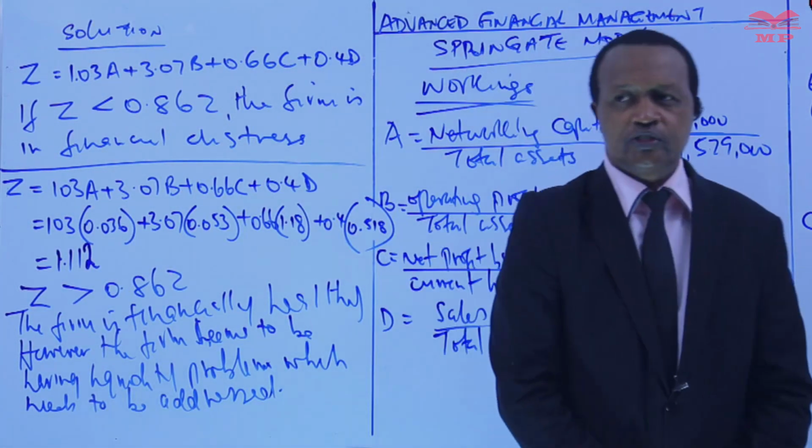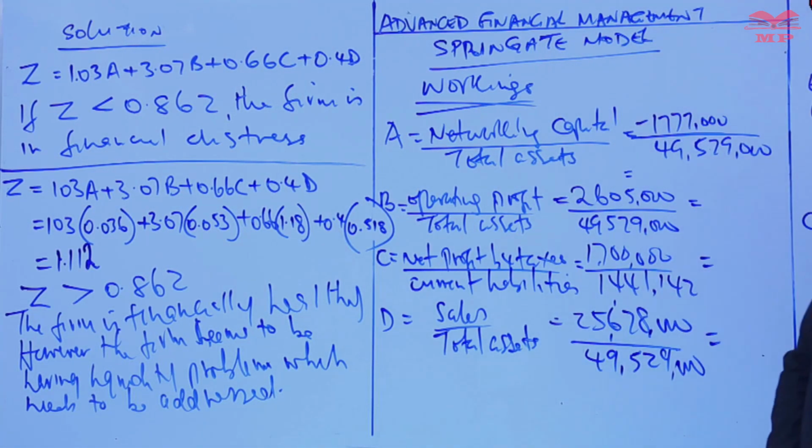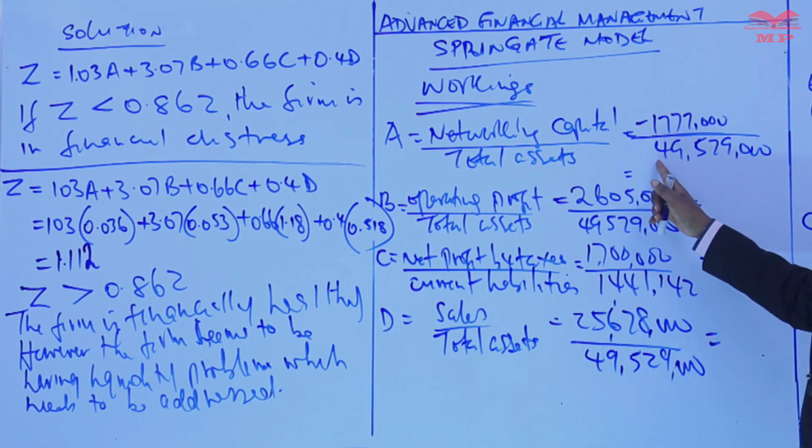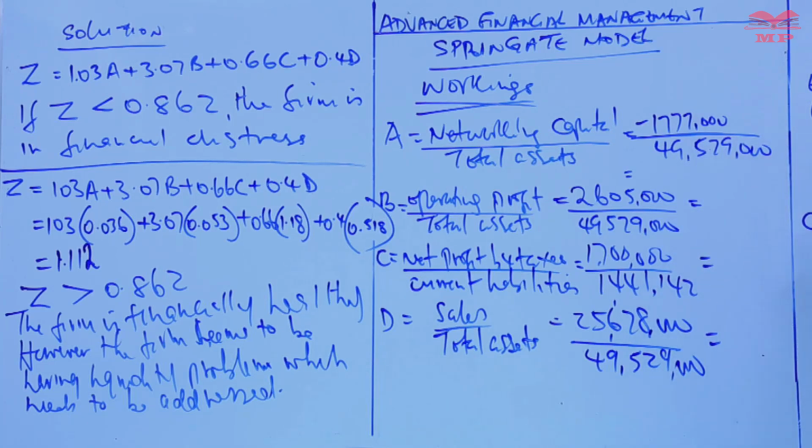So candidates, you see the model is straightforward. What you need to be keen with is when answering the questions from your examiner, the examiner may not give the values directly. You may have to have some workings, like it was the case in this question.